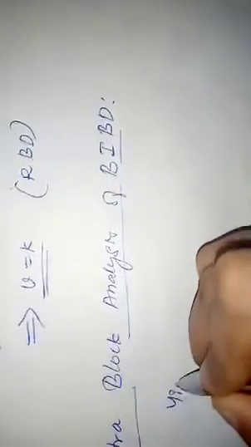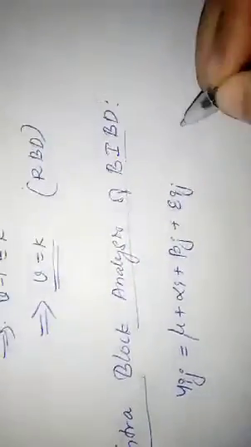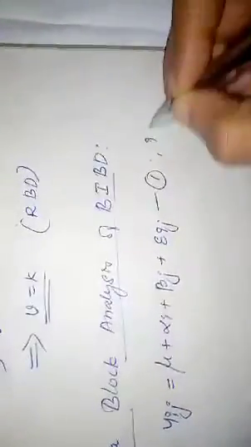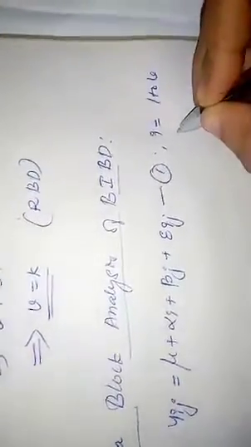What is the model for BIBD? Yij equal to mu plus alpha i plus beta j plus epsilon ij. Equation 1. Here i from 1 to V, j from 1 to B.